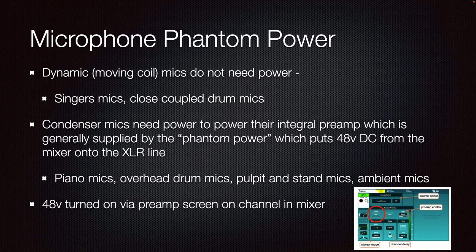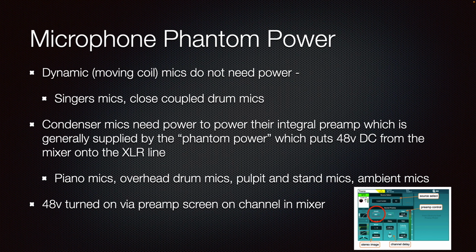So the microphone is powered from a clean 48 volt DC supply and uses exactly the same cabling. So it's all integral. So what condenser mics do we use? Well, in our church, we use them for the piano mics, we use them for the overhead drum mics, we use them for pulpit and stand mics, we use them for the ambient mics, and occasionally we use them when we've got a couple of other mics for speaking parts.